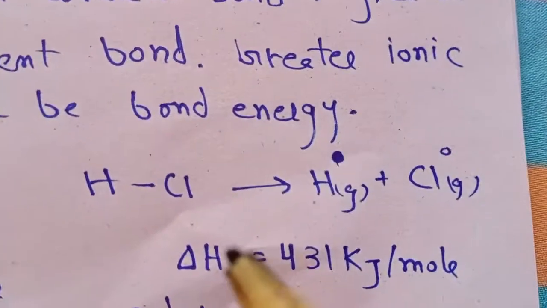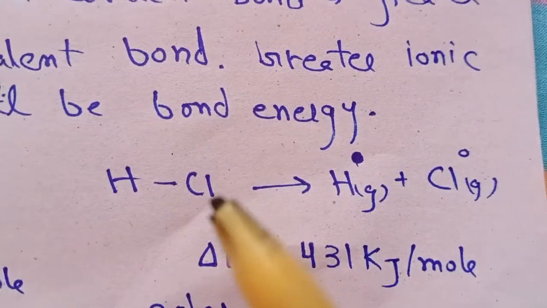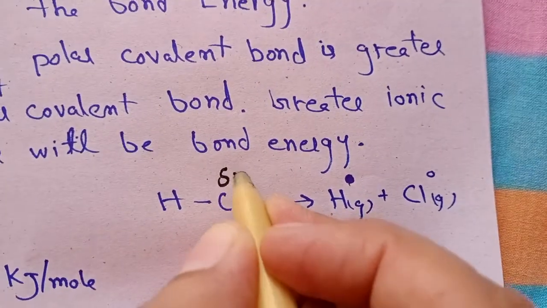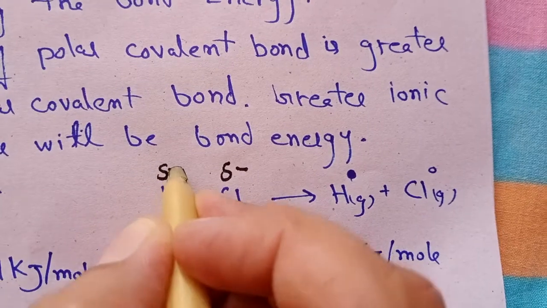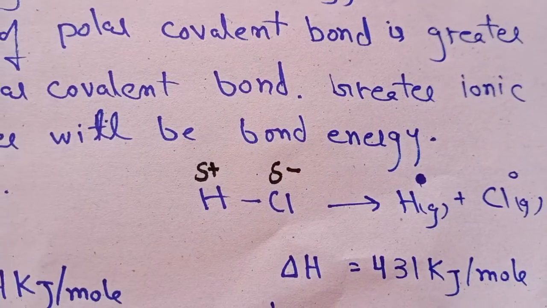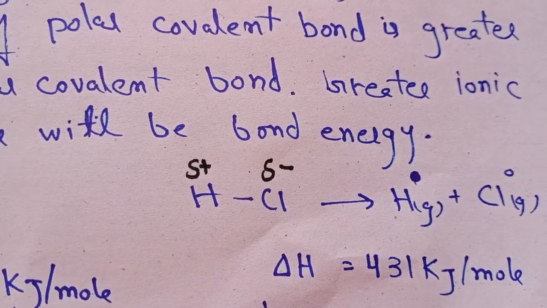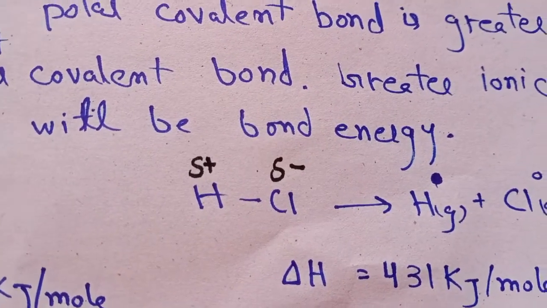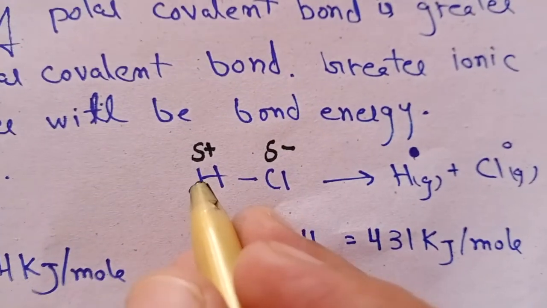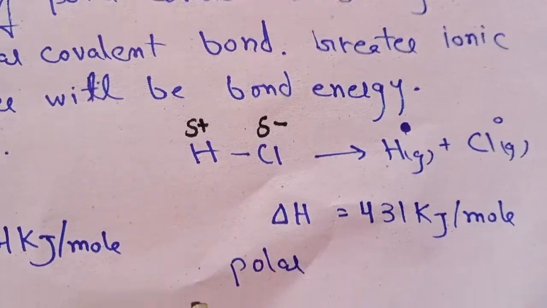Now here comes another example, HCl. As you can see, there is a difference in electronegativity. The chlorine atom becomes partially negatively charged and hydrogen becomes partially positively charged. So an ionic character is developed and this covalent bond is a polar covalent bond.